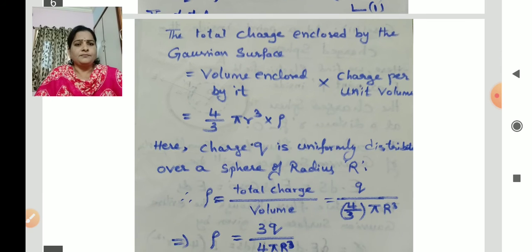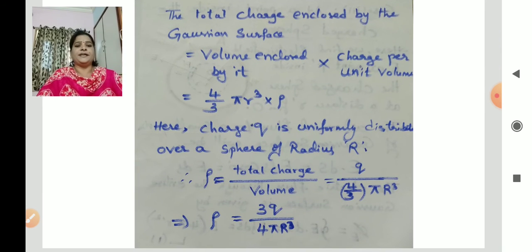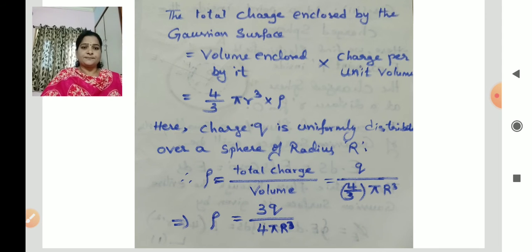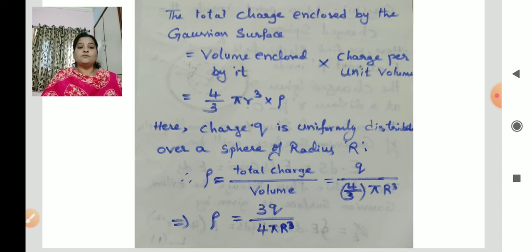Now let us find the total charge enclosed by the Gaussian surface. We know that this Gaussian surface is a three-dimensional one. The sphere possesses some volume, and hence the charge enclosed has a charge density.